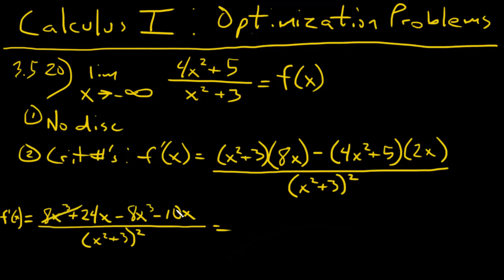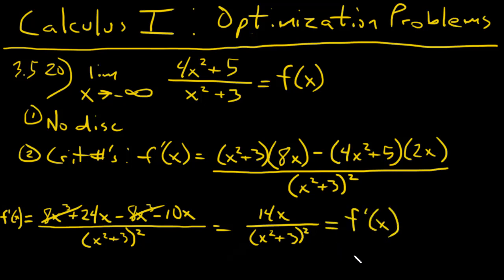So the 8x cubed and the negative 8x cubed cancel. They become 0. Then I'm left with 24x minus 10x, which is just 14x over x squared plus 3 quantity squared. So that is my f prime of x. And I'm just going to clear the screen and move to the next piece of the step where we do a and b on a clean slate.